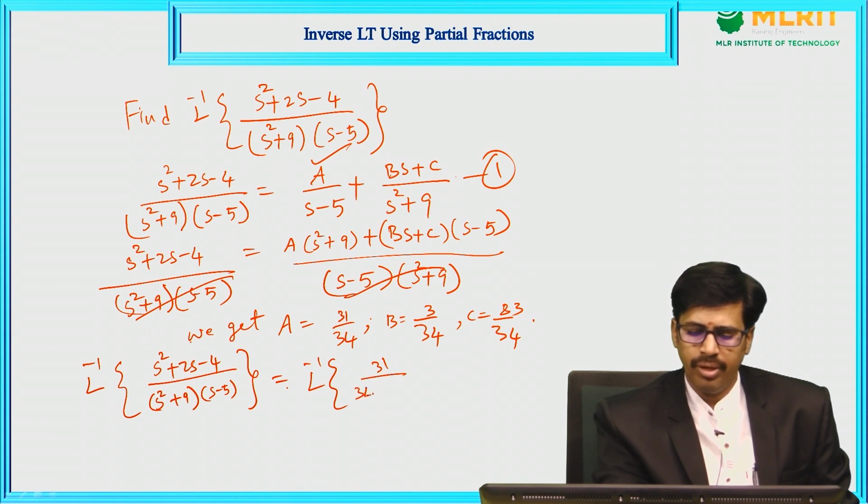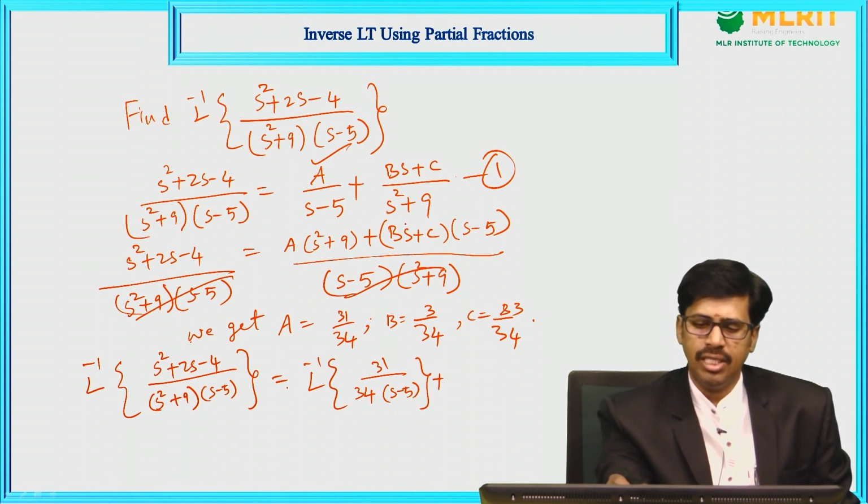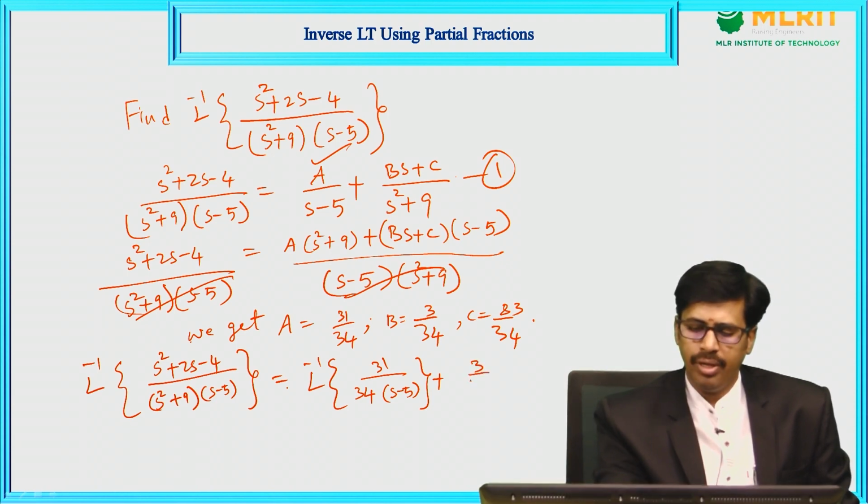So, 31 by 34 into 1 by (s minus 5) plus (bs plus c), b means what, 3 by 34, so 3 by 34 into s, plus c means what, 83 by 34, divided by (s square plus 9), this is also L inverse.